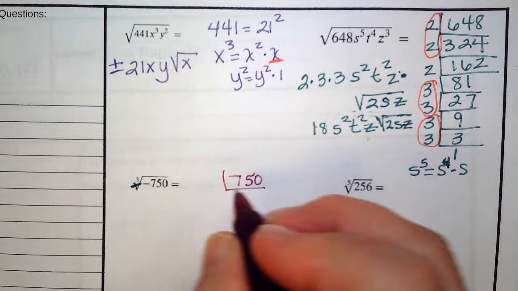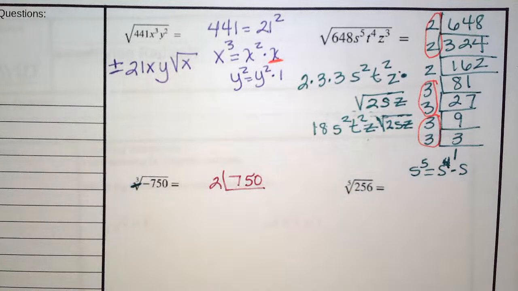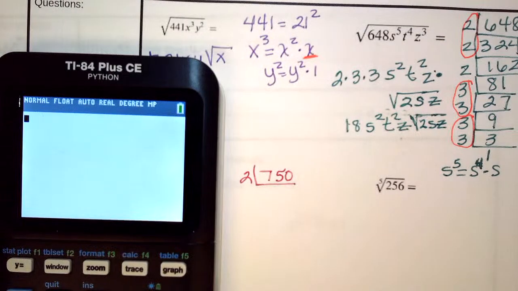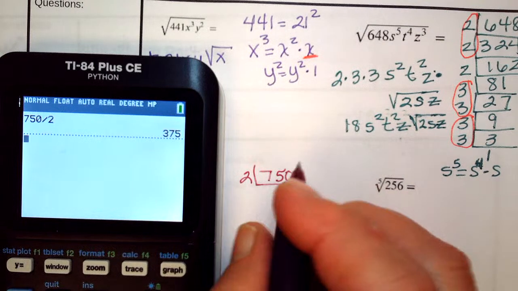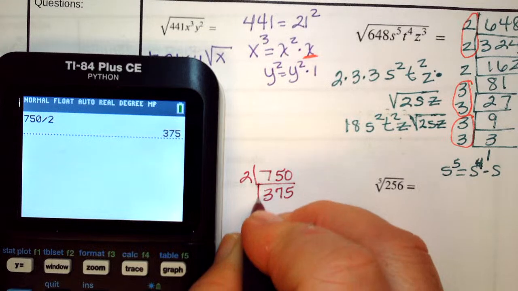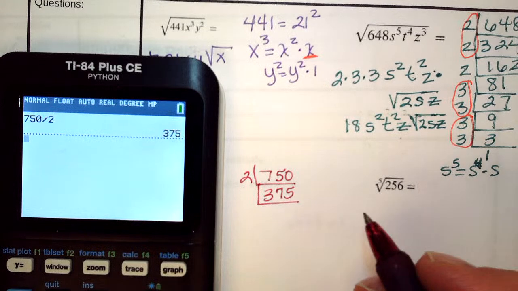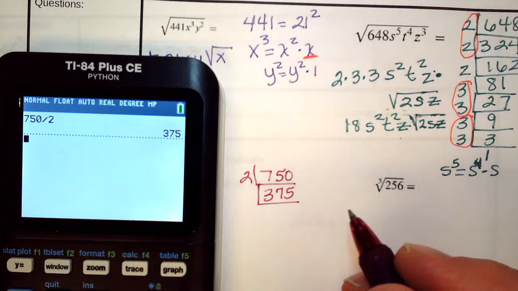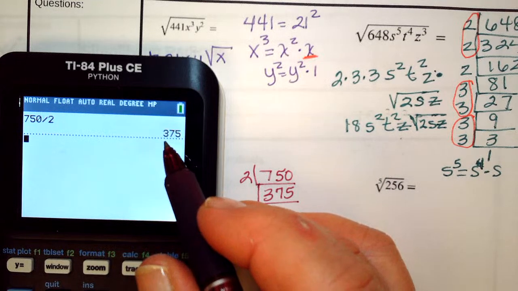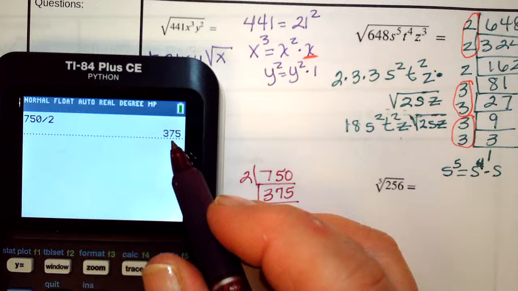I know it's even, so I can divide by 2. Once again, I'm going to use my calculator. I get 375. 375 is not divisible by 2. Is it divisible by 3? 3 plus 7 is 10. 10 plus 5 is 15.